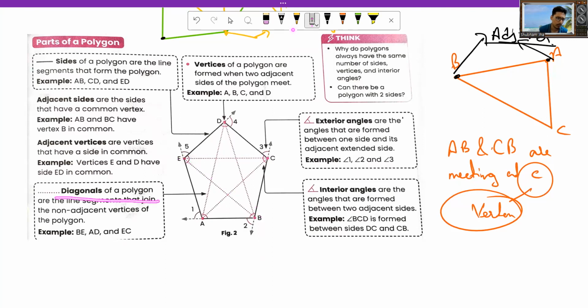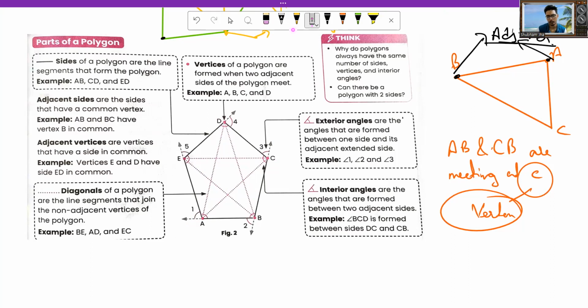The diagonals of a polygon are the line segments that join the non-adjacent vertices of a polygon. There are many examples: BE, CE, AD, AB, and AC. So these are the diagonals of a polygon.